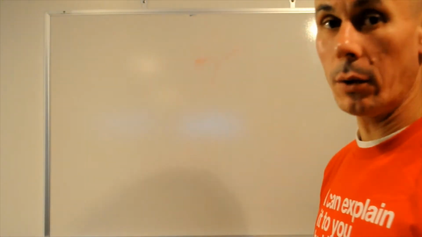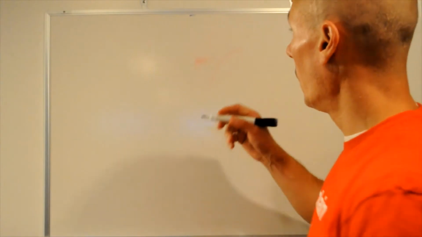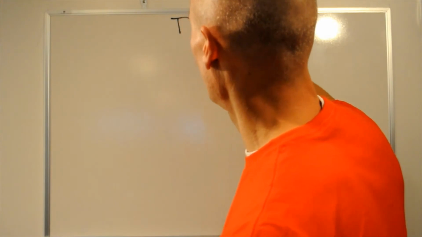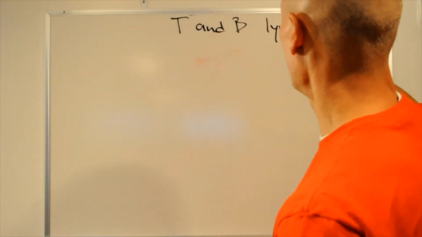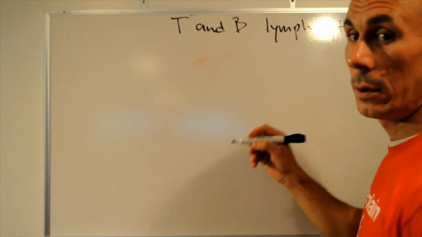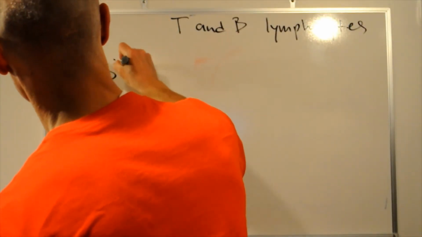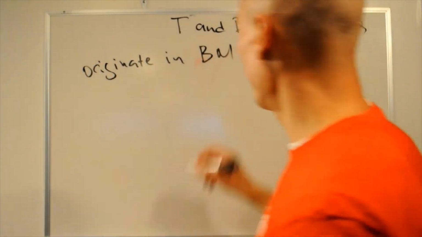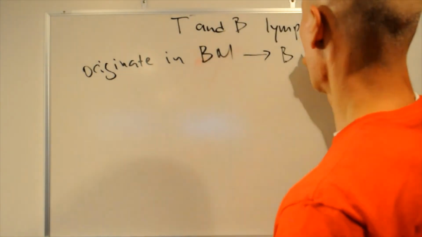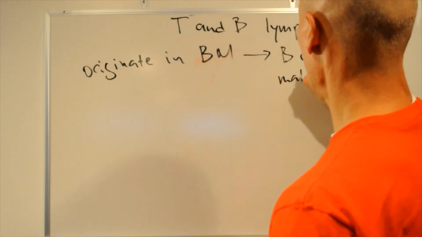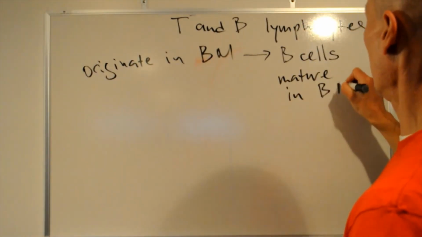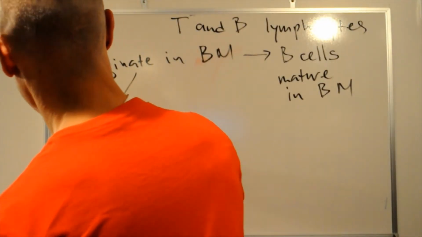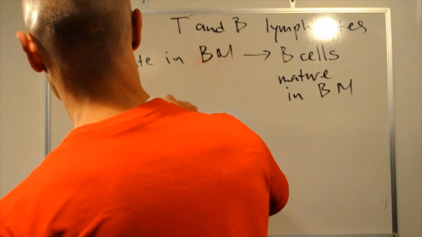So now let's say a few words about the cells of adaptive immune system. So those are lymphocytes, and they originate in bone marrow. So we have T and B lymphocytes. They originate in the bone marrow. Then, from the bone marrow, B cells mature in bone marrow, while T cells, they mature in thymus.